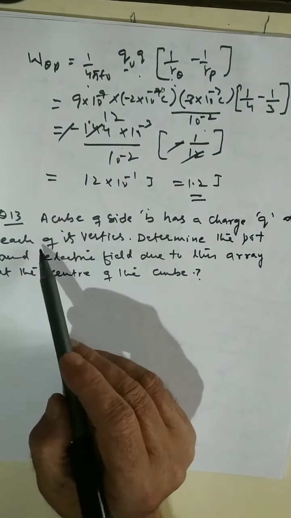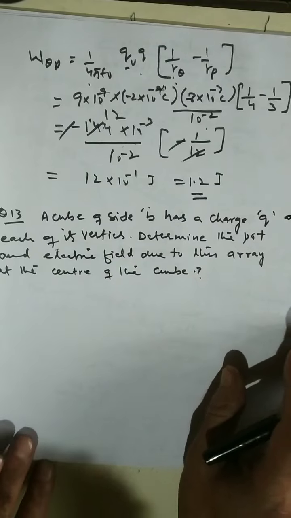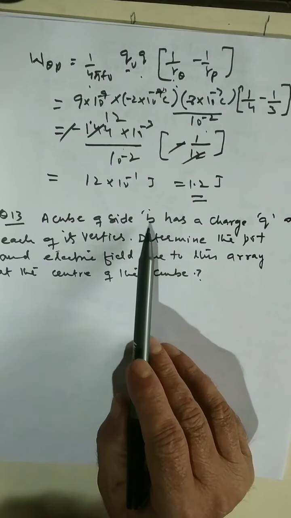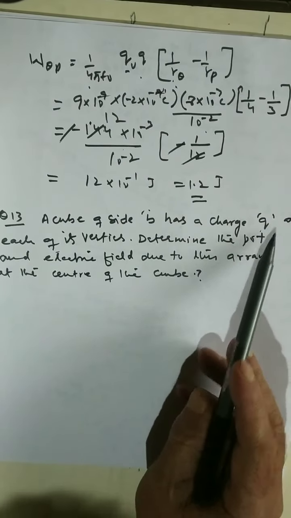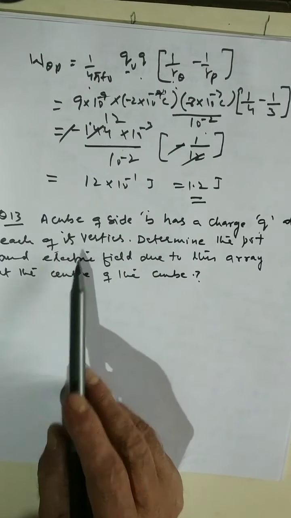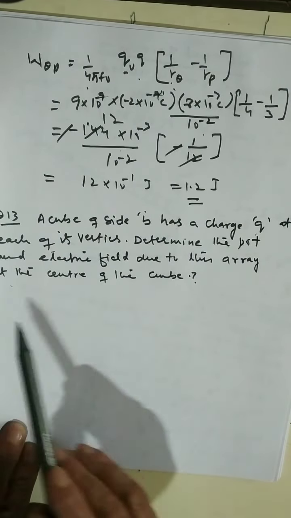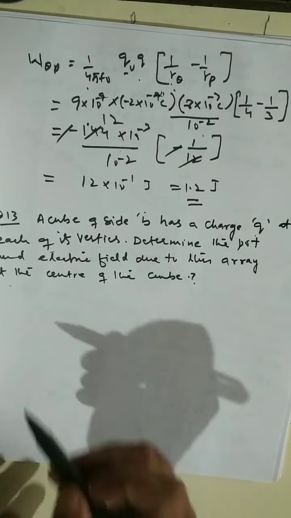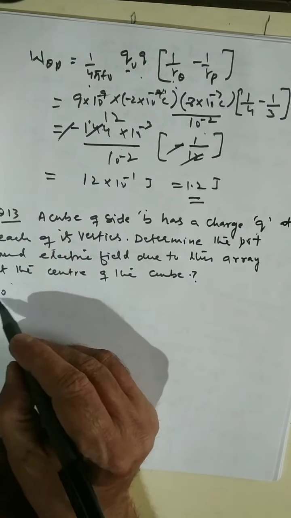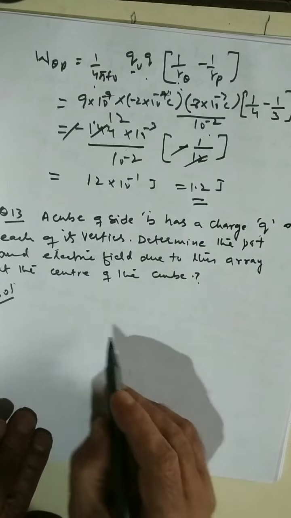Now question number 13. A cube of side B has a charge Q at each of its vertices. Determine the potential and electric field due to this array at the center of the cube. Solution. So we have a cube.